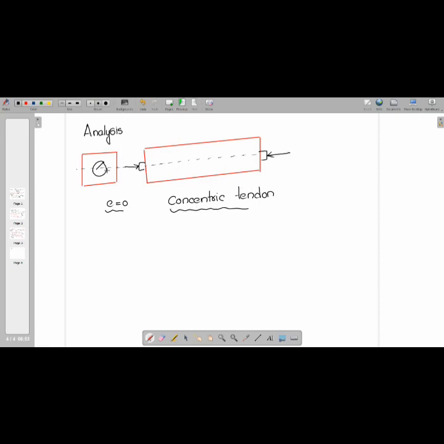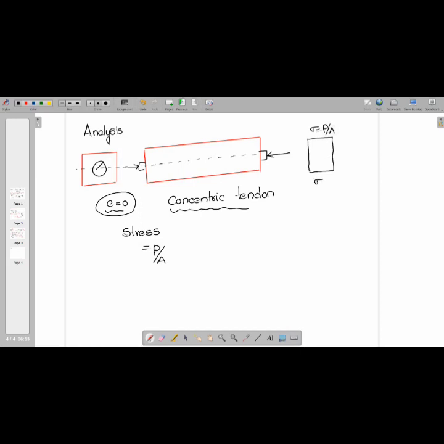So a concentric tendon means eccentricity will be zero. In this case, stress will be taken as load upon area. And how will the stress distribution be? The stress distribution will be rectangular because it is uniform throughout the section.